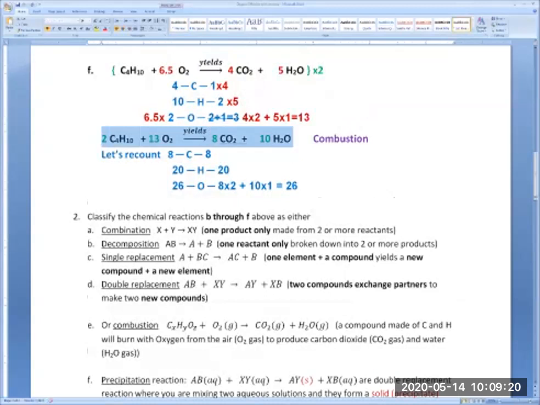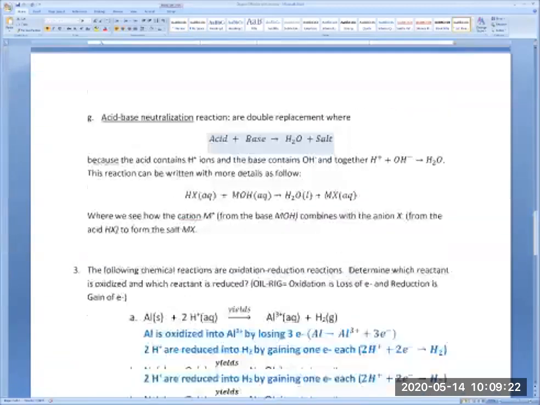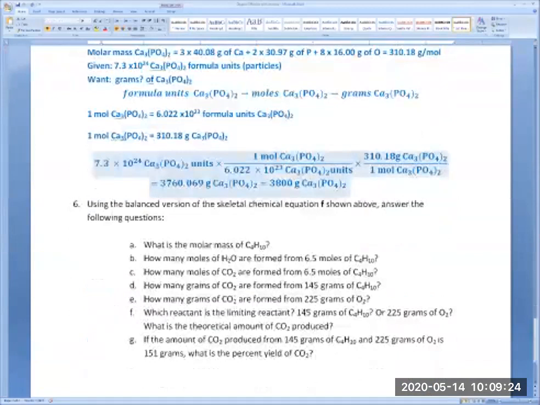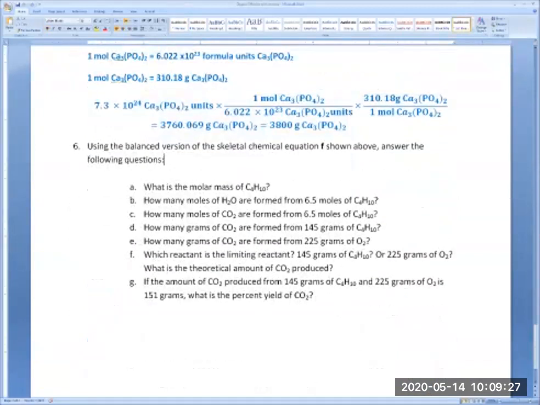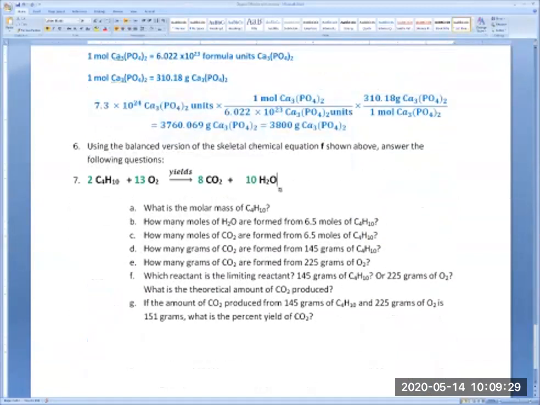It's a combustion reaction where we have a compound made of carbon and hydrogen reacting with oxygen from the air.